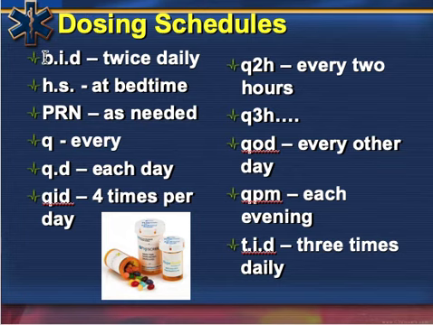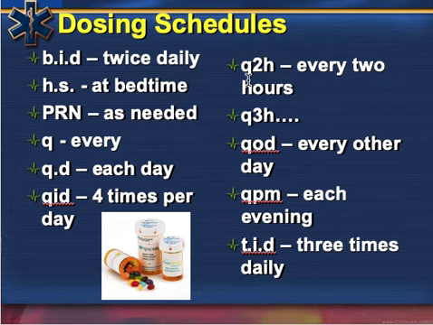So BID refers to twice daily, HS at bedtime, PRN refers to as needed, right? So remember we saw that one on a previous slide, but since it's associated with a dosing schedule, we're just reviewing it again here. Q refers to every or each. So in this example here, the D refers to day. And the Q is each day, right? Or every day. So QD stands for each day or every day. QID, 4 times per day.